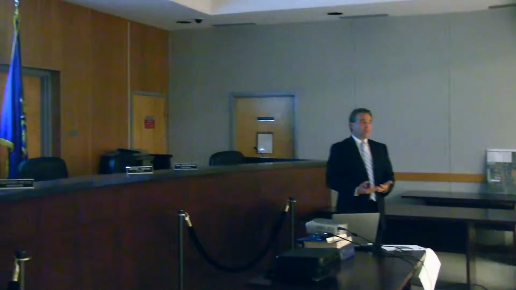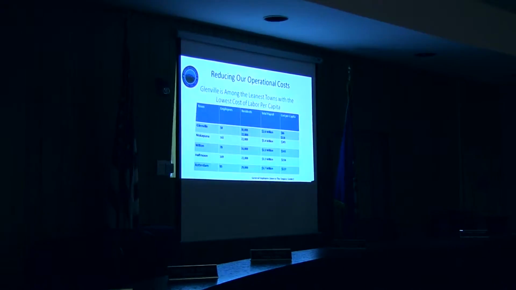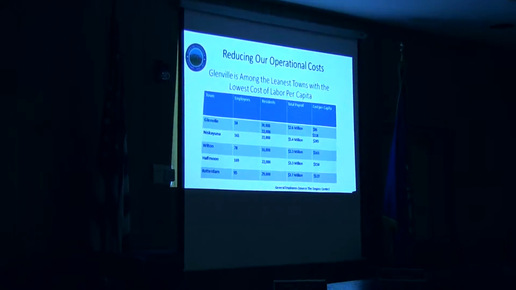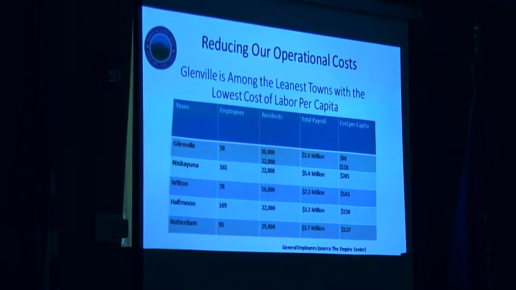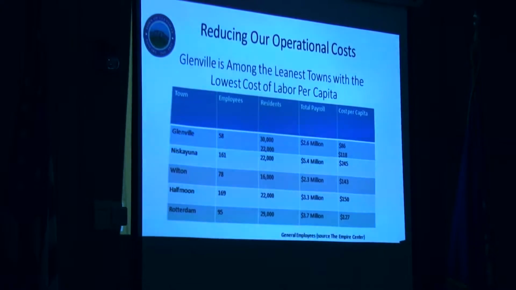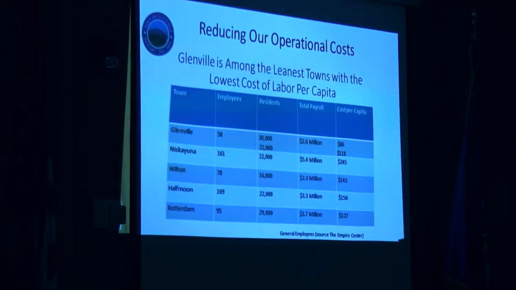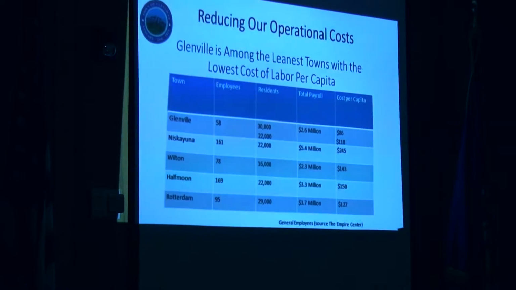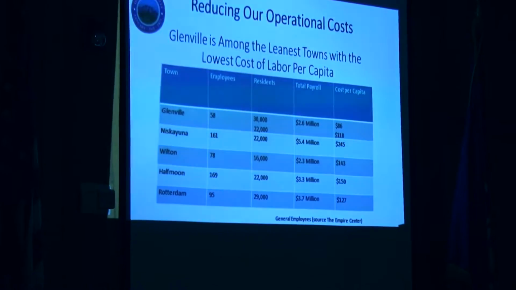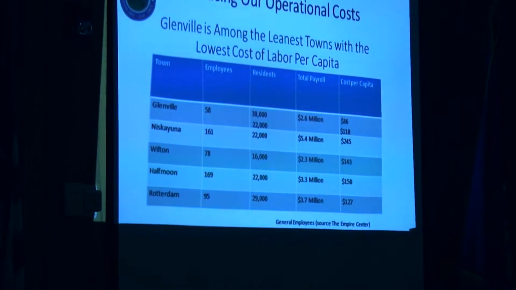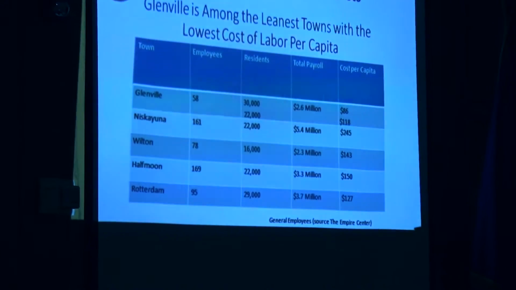That said, our employees are the leanest, most efficient, I would say hardest working employees in the capital region. And it isn't just us, the town board, saying that. We have a study here that shows, although it was reported as Glenville having the highest average salary in the capital district, it's very easy because we have the fewest employees.